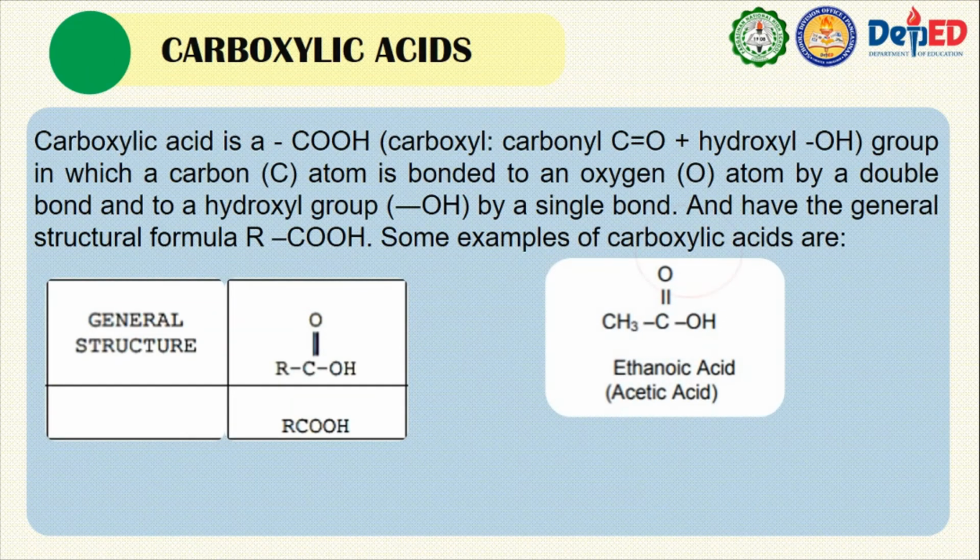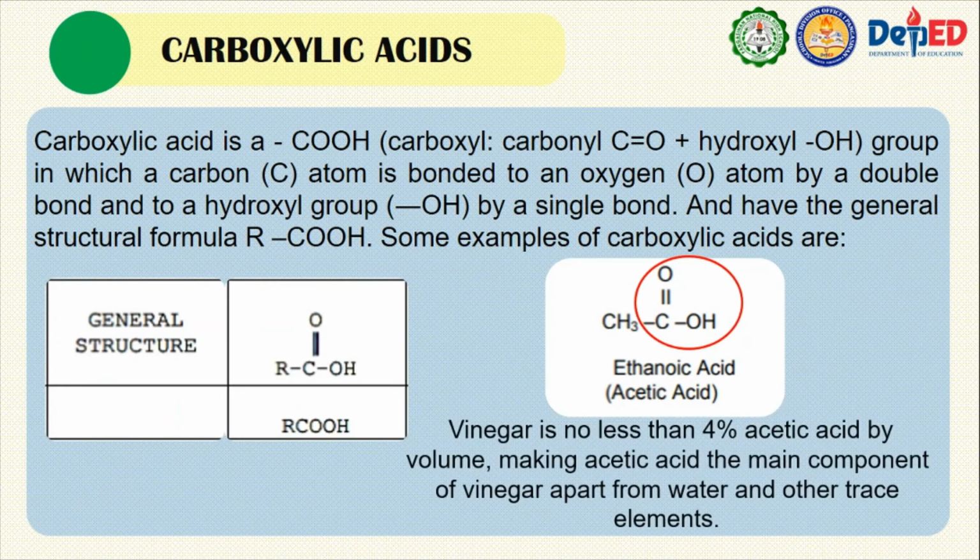For example, this is ethanoic acid, also known as acetic acid. Vinegar is no less than 4% acetic acid by volume, making acetic acid the main component of vinegar apart from water and other trace elements.